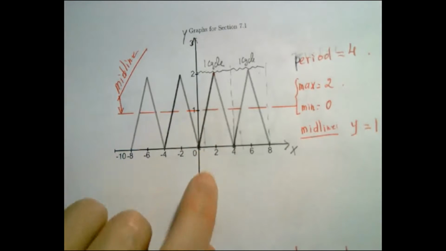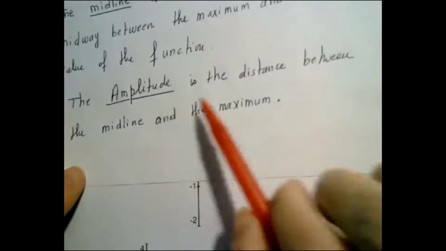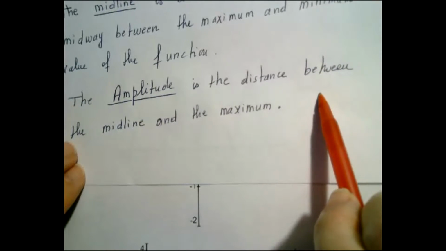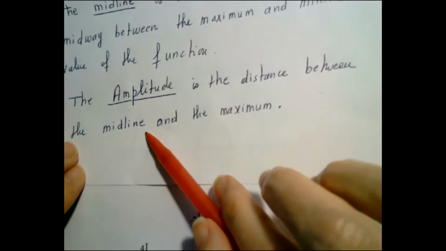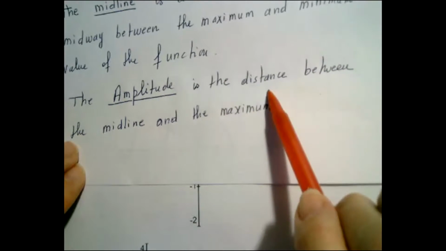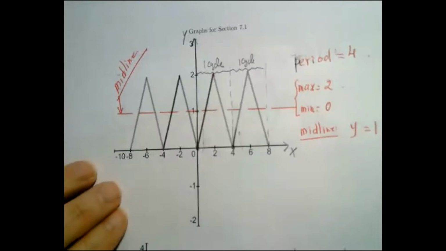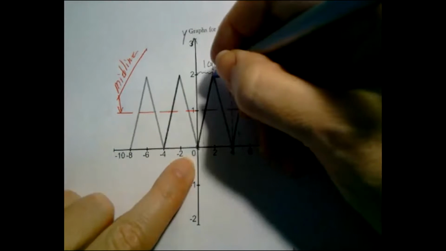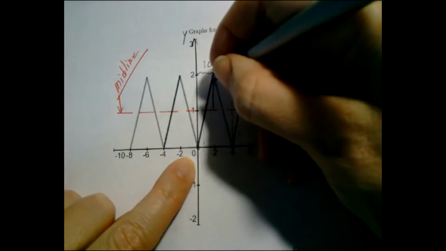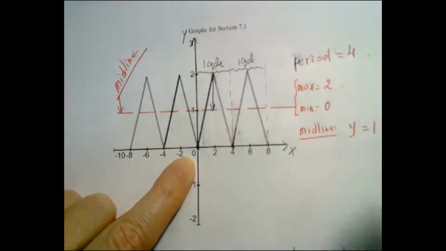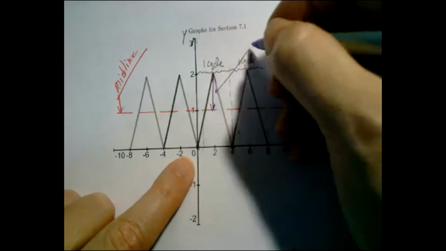Now, what's the amplitude? The amplitude is the distance between the midline and the max. Once we draw the midline, which is easy, the amplitude is from the midline to the maximum value.